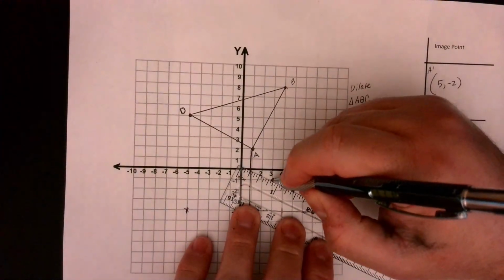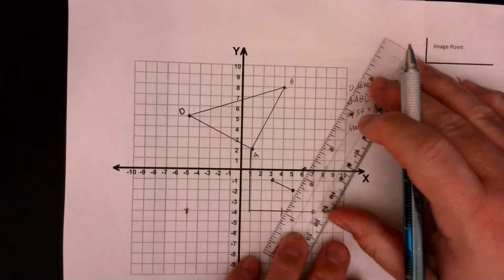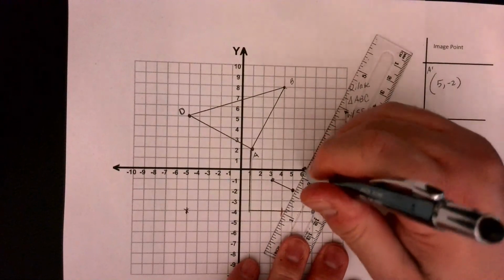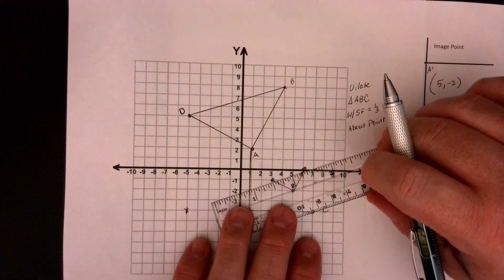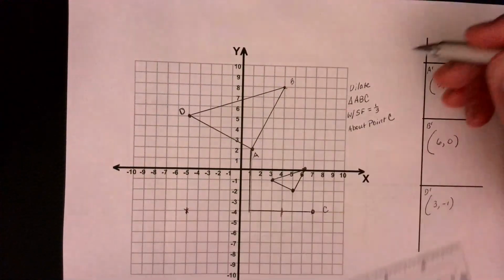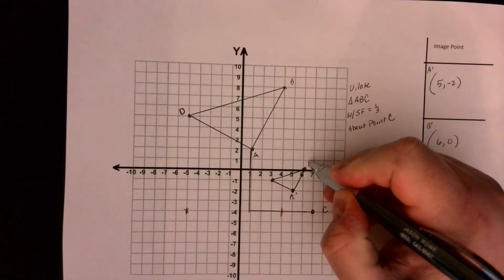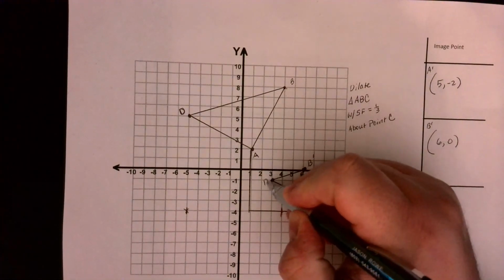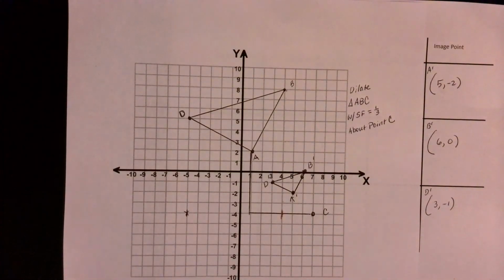And you notice I'm using a straight edge to get straight lines here. And so I'm going to label everything now. This is going to be A prime, B prime, D prime, and that is a finished dilation.